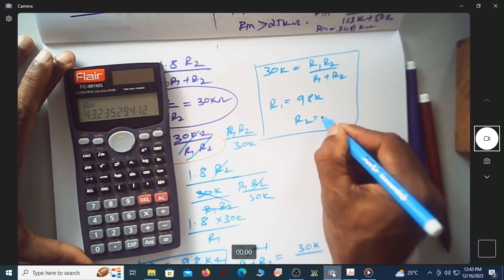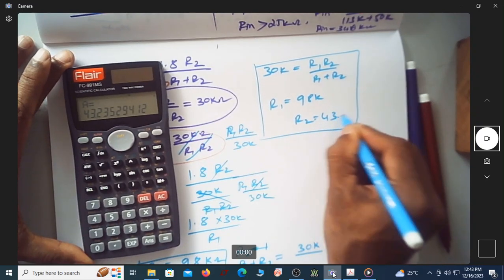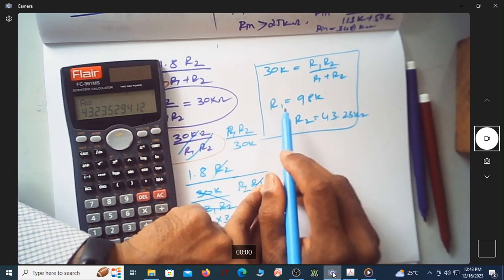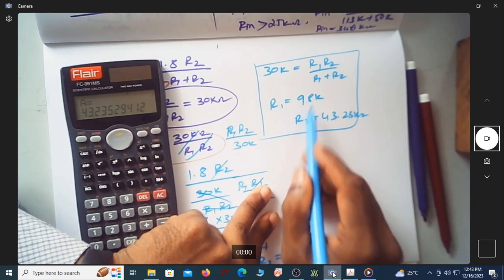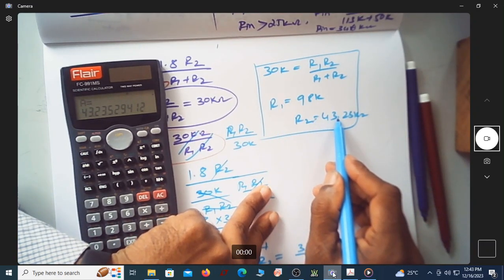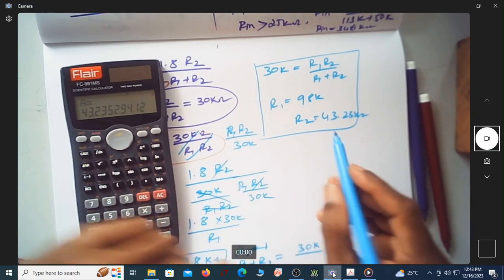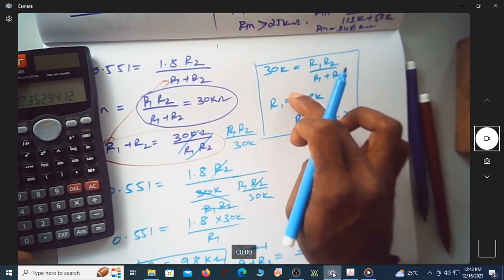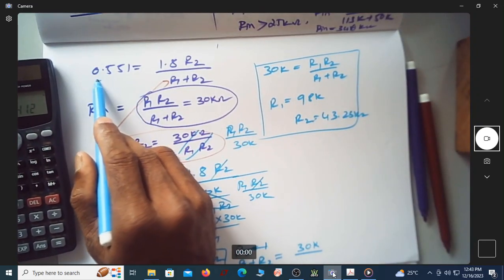Now you will get the value of R2 as 43.23 kilo ohm. So now you have R1 as 98k, R2 as 43.23k. The parallel combination of these is 30k, and these resistors will yield me a voltage of this.